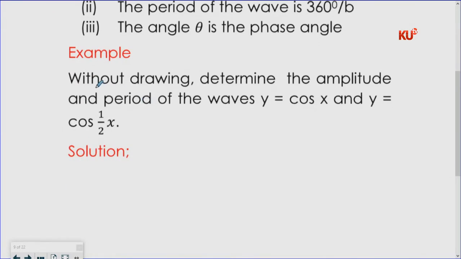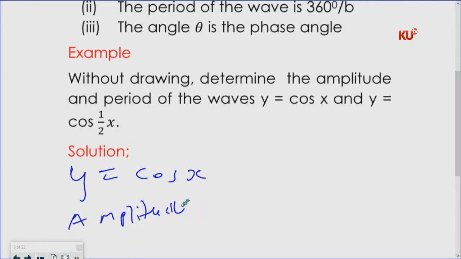You are told, without drawing, determine the amplitude and the period of the waves y. So we have y is equal to cos x. Let's get the amplitude of this particular wave.